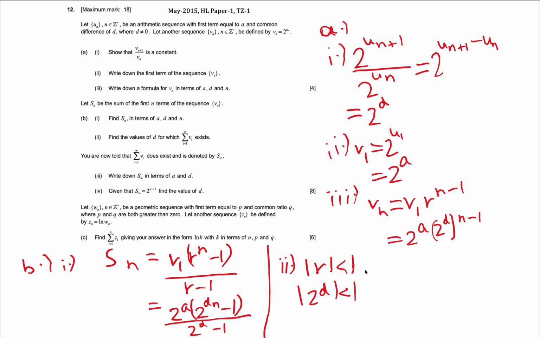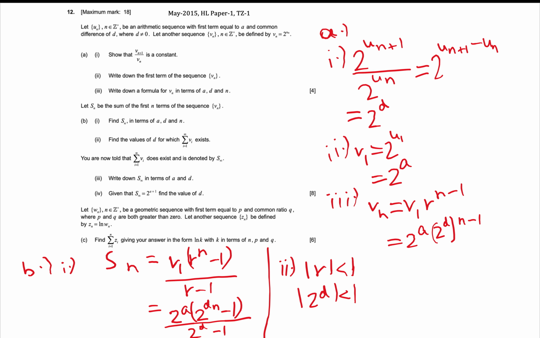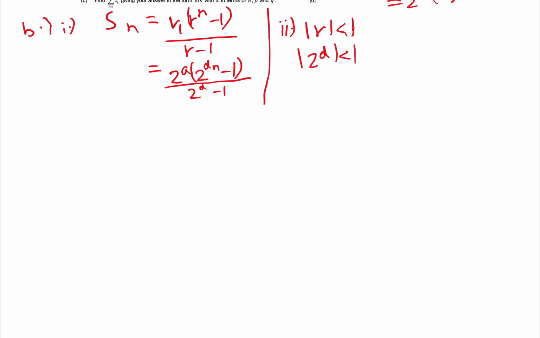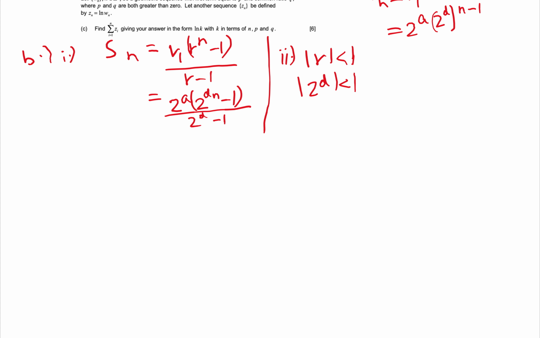Okay, all right, so let me make some space for this. Okay, so we can solve for d. We can write this as either 2 to the power of d is less than 1, or 2 to the power of d is greater than -1. That's how we solve modulus inequalities. If I take log base 2 of both sides, I get d log base 2 of 2 is less than log base 2 of 1.